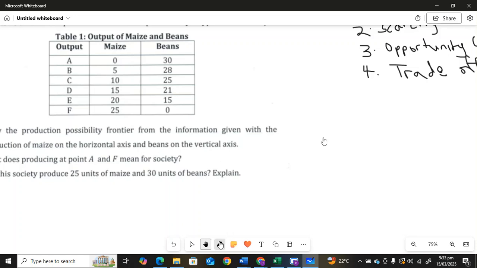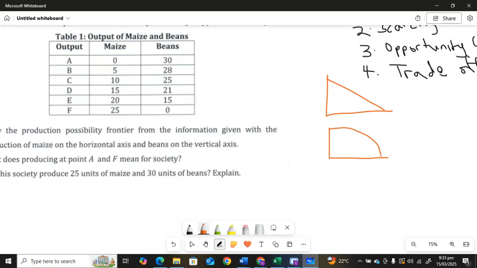Because that will determine if your opportunity cost is a straight line, where the opportunity cost per unit is constant, or if it's a bowed shape like this, where there's an increasing opportunity cost.